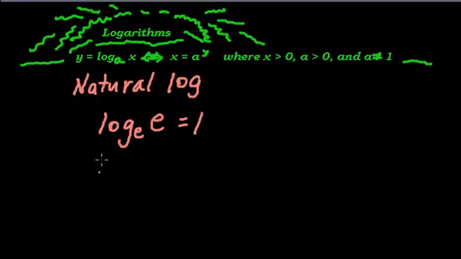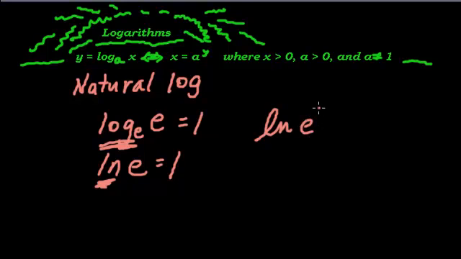Instead of writing log base e every time, which we could, we write ln, which means natural log. So anytime you write this ln, what you really mean is log base e. And so log base e, natural log of e would be equal to 1. The natural log of e squared would be equal to 2, because it asks the question, how many powers of e do I have?